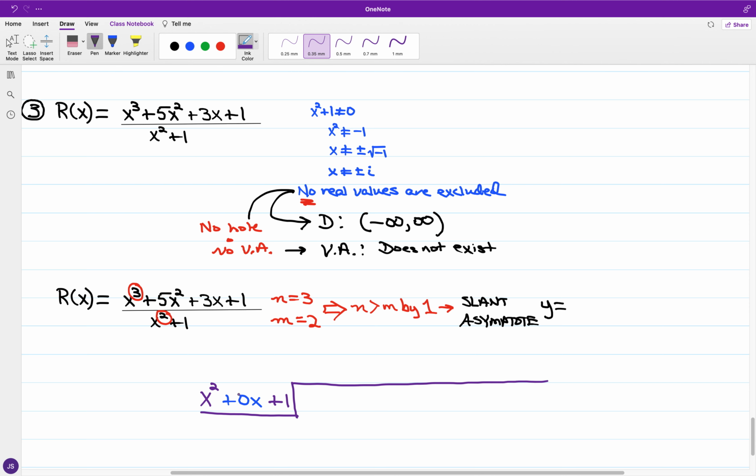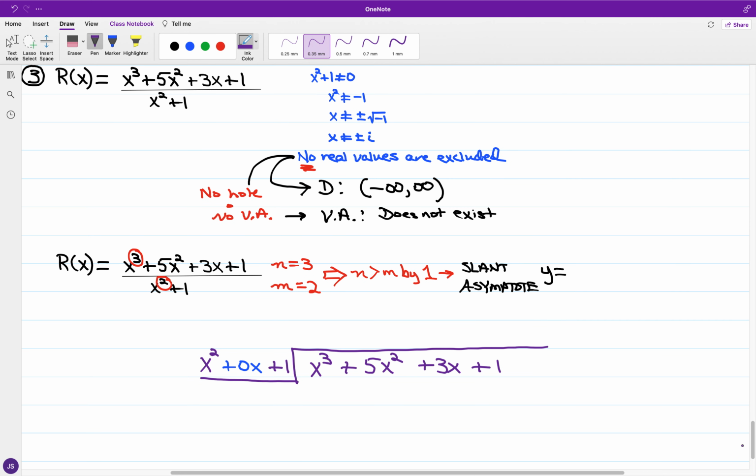So you got x squared plus 1 into x cubed plus 5x squared plus 3x plus 1. If I could, I would perform synthetic division directly, but since I do not have a first order binomial expression, it's with that second degree that long division is called for.